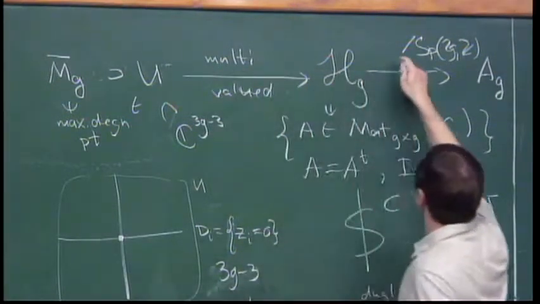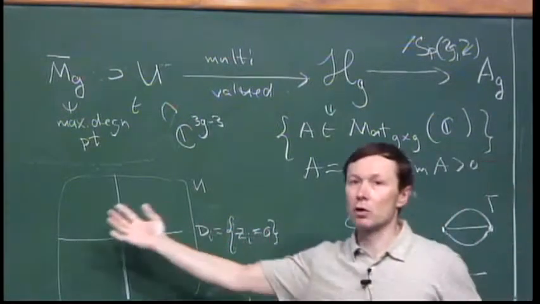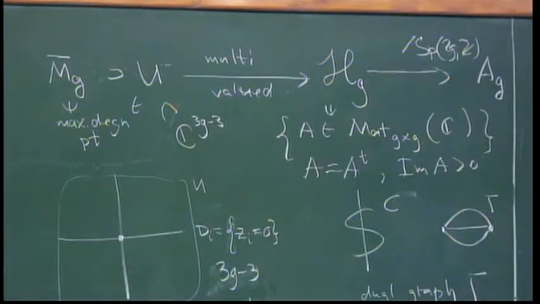So before, the map to A_g is single valued, but when you lift it in this neighborhood, then it's a multivalued map. And Namikawa, in his PhD thesis, really, wrote this explicit formula for this Torelli map near the boundary, near the maximal degeneration point, and it looks like this.